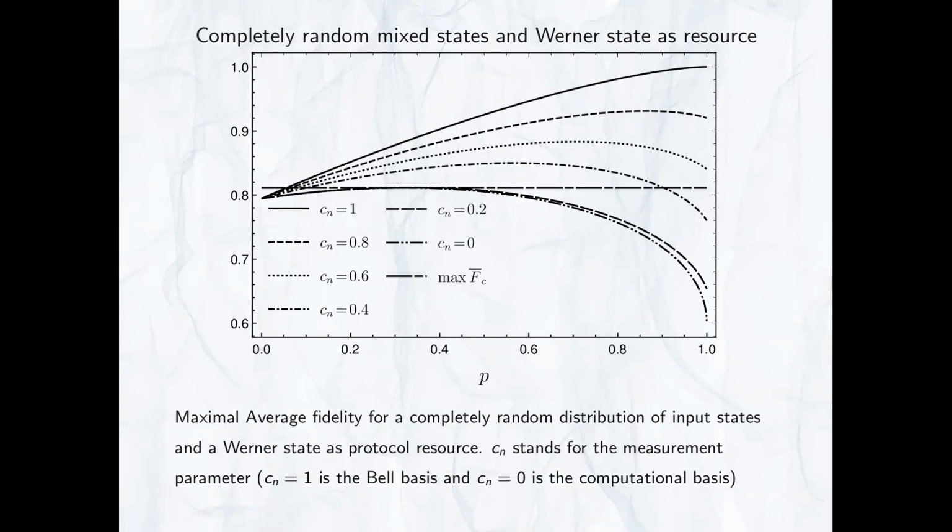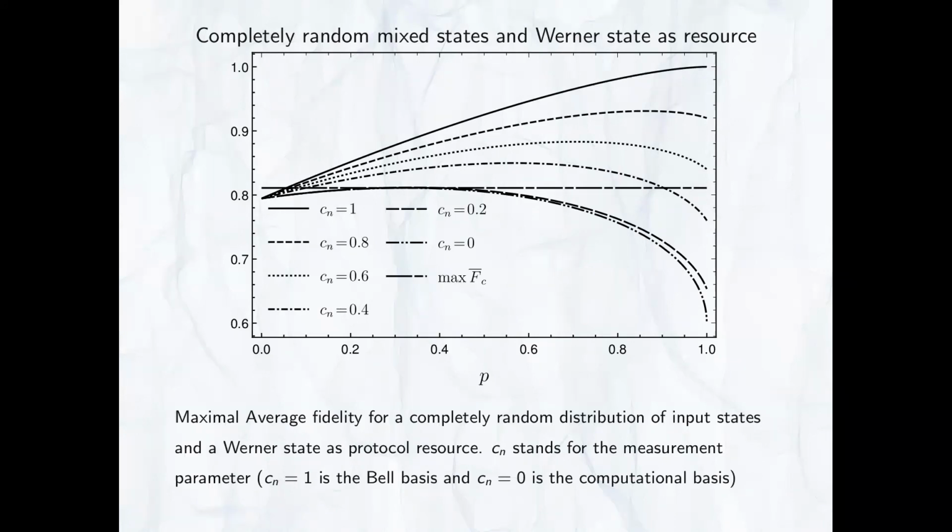I finished. Let's take then completely random states: you want to teleport all the Bloch ball. As we saw before, here is the maximal average fidelity for the standard quantum teleportation protocol, because here Cn is 1.